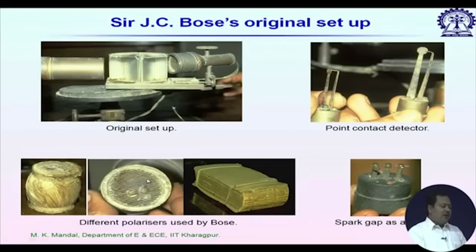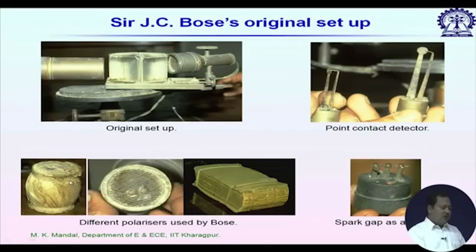Similarly, he designed some other polarizers. It is nothing but a book. He used several metallic plates inside the book. These plates are parallel to each other, and any electromagnetic wave whose electric field is parallel to the metal can pass through this book.